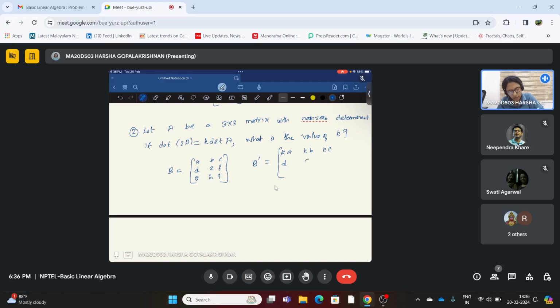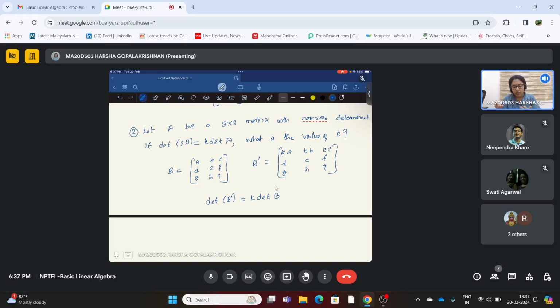Everything else is the same: D, E, F, G, H, I. Still, I can take this K outside: K times determinant of B. I mean, for matrices, I cannot write B dash equal to K times B. That is not true. But when coming to determinants, if one row is multiplied, we can take that constant outside, then K into determinant of B.